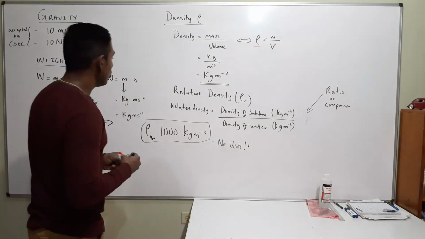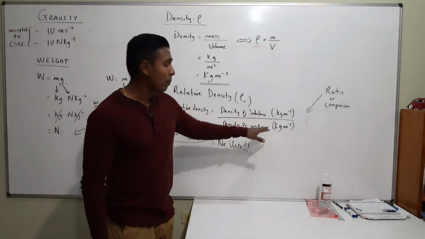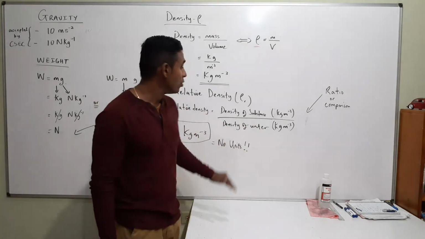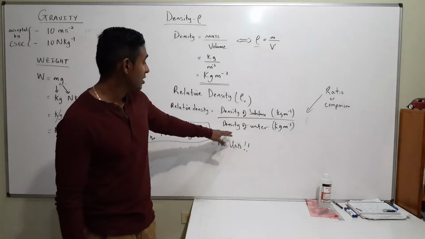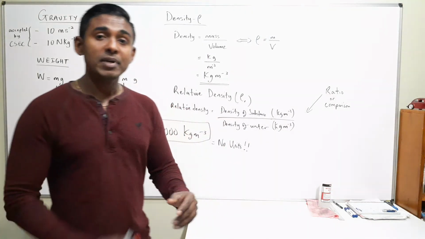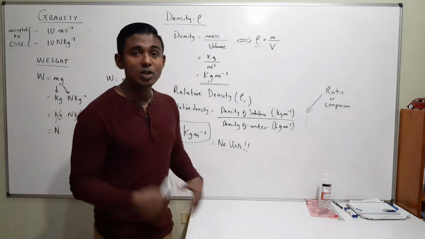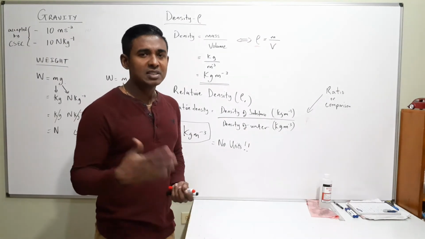Now relative density is the density of the substance compared to the density of water, or the ratio of the density of the substance to the density of water. It is a comparison, and because it's a ratio or a comparison, it does not have any units, right? But it's not enough to say that.